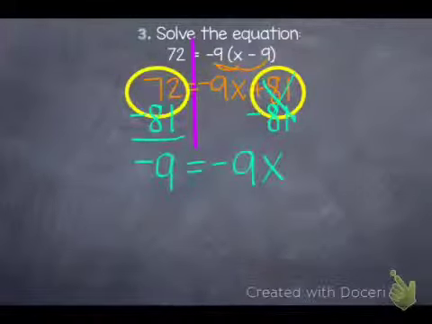So we still want to attempt to get our x by itself, which right now is being multiplied by -9. So we're going to divide by -9, which is going to leave us with x. And on the left side, we've got -9 divided by -9, so it's dividing by itself, so it's going to be equal to just 1. So for that one, x equals 1.